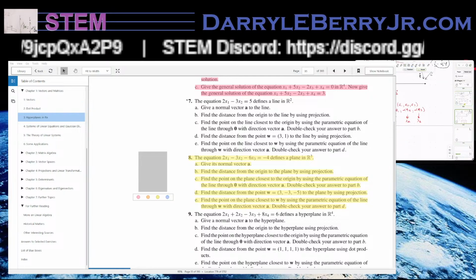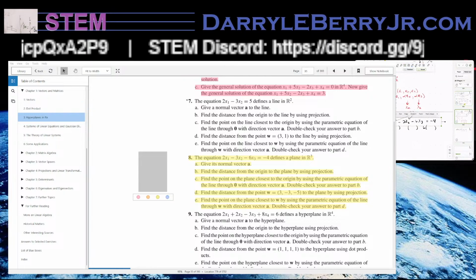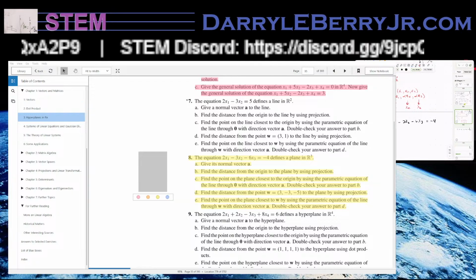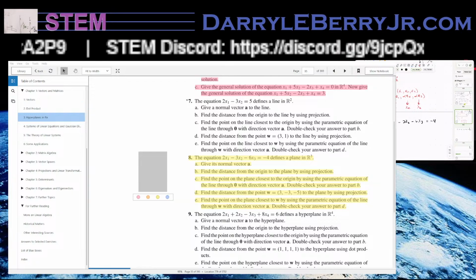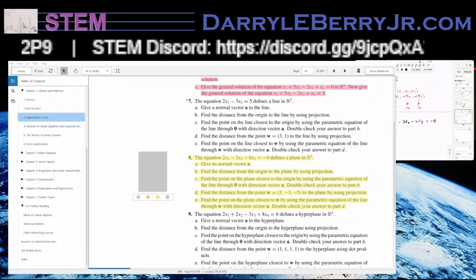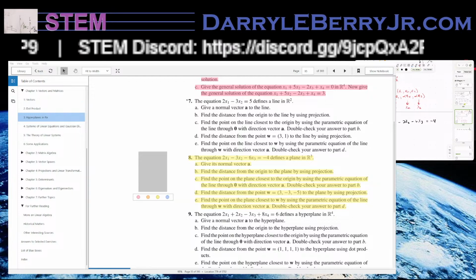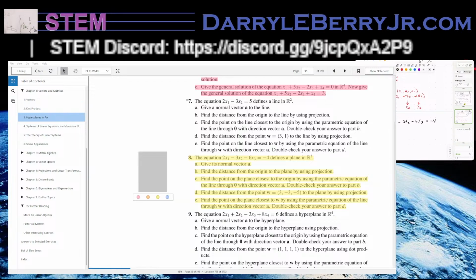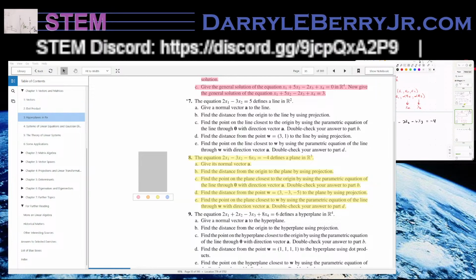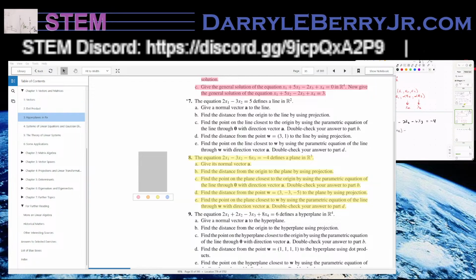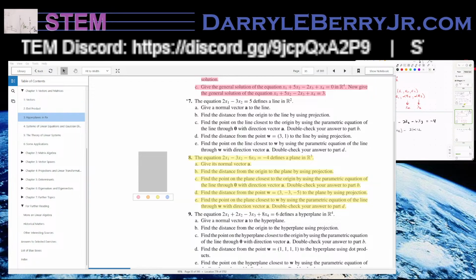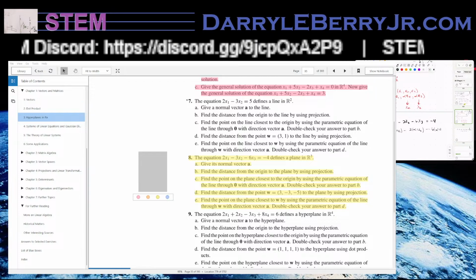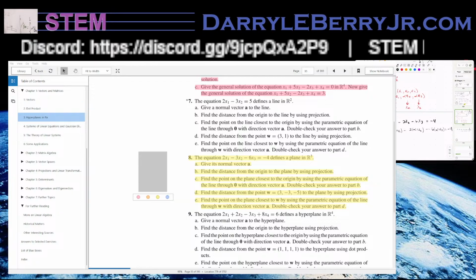So since this is the plane and the line is going to be some point on the plane from W, actually we can call this some scalar of W. So this is going to be 2 scalar W1 minus 3 scalar W2 minus 6 scalar W3 equals -4.